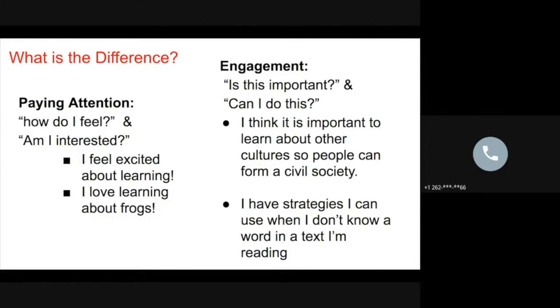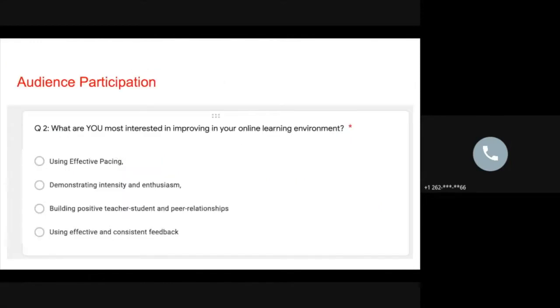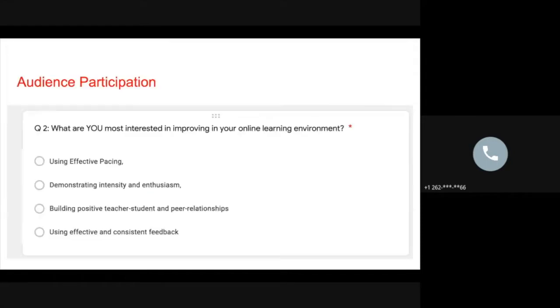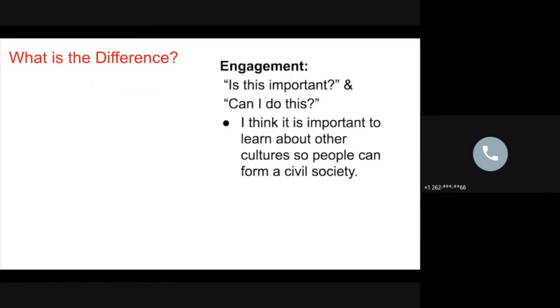But in an ideal world, we want to think more about empowering students to know the value of their learning and why it's important, and what they can do when they're stuck. So when you look at some of the answers, the last two on the Google form were the ones that really hit that engagement part, and the first two had to do with capturing attention.